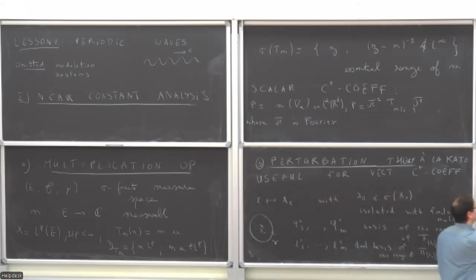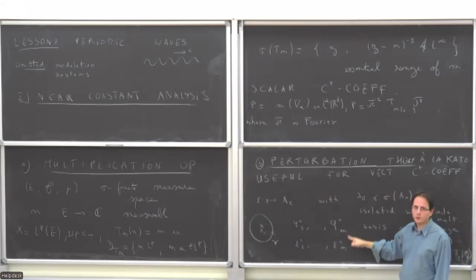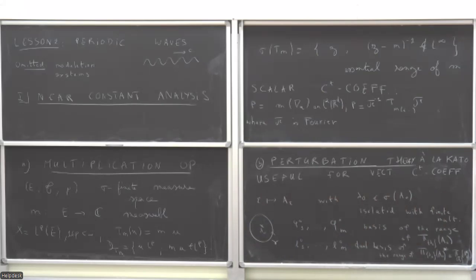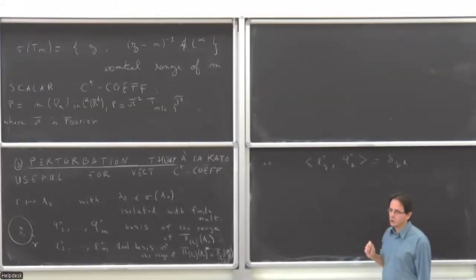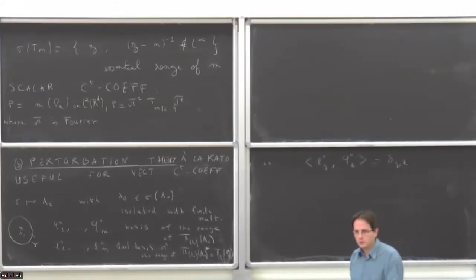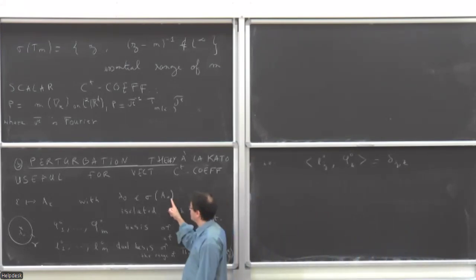I can use this as coordinates, with the scalar product. I've done this for 1 point yesterday. And this is the situation I start with at epsilon equals 0.